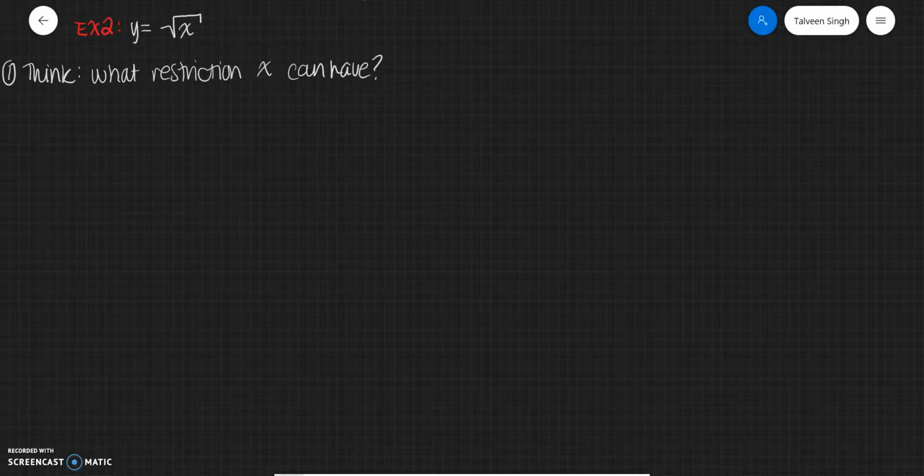Okay, so in this situation, x cannot be a negative. I'm just going to find a better pen than that one. x cannot equal any negative number because square root of negative 1, negative 2, negative 3 is undefined, i.e. not possible.